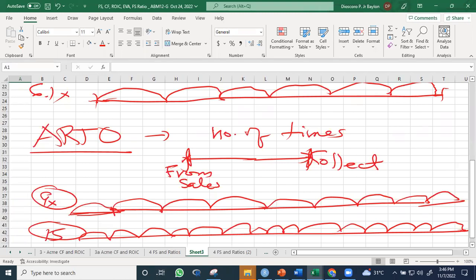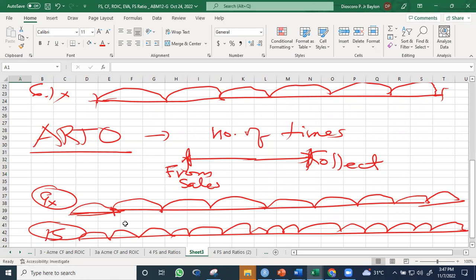So what can we learn from this? Maybe it would be good for the company to study ano kaya yung collection system ni direct competitor? Maganda ba yung nila, magagaling ba yung kanilang mga collectors? Okay? So what makes them collect yung mga dues ng mga customers nila very fast?